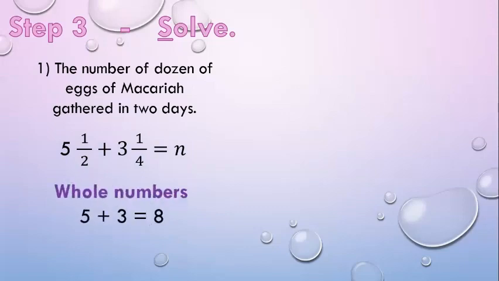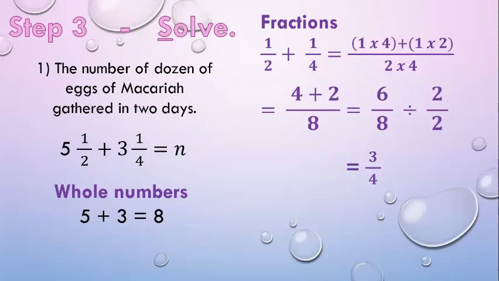So, you are going to work on the whole numbers first. 5 plus 3 equals 8. Then for the fractions, this time I'm using the cross multiplication method because the denominators are small value numbers. Remember, cross multiplication method is only applicable for small value number denominators.